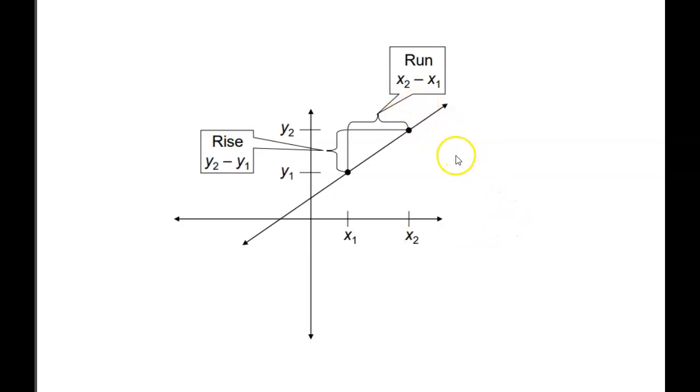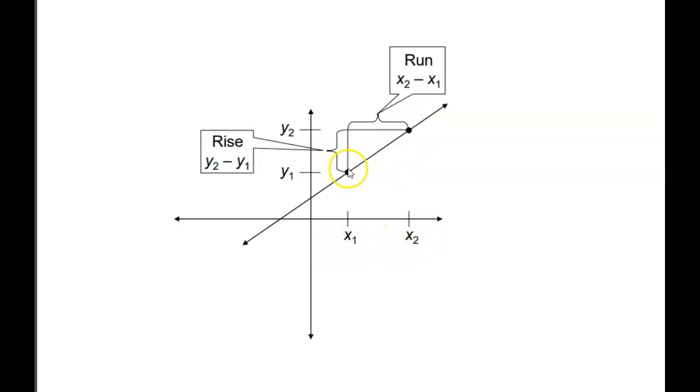So which point you call point 1 and which point you call point 2 doesn't really matter. As long as if you start calculating your rise by using this point here, and you do y2 minus y1, you must also start calculating your run using the same point and do x2 minus x1.